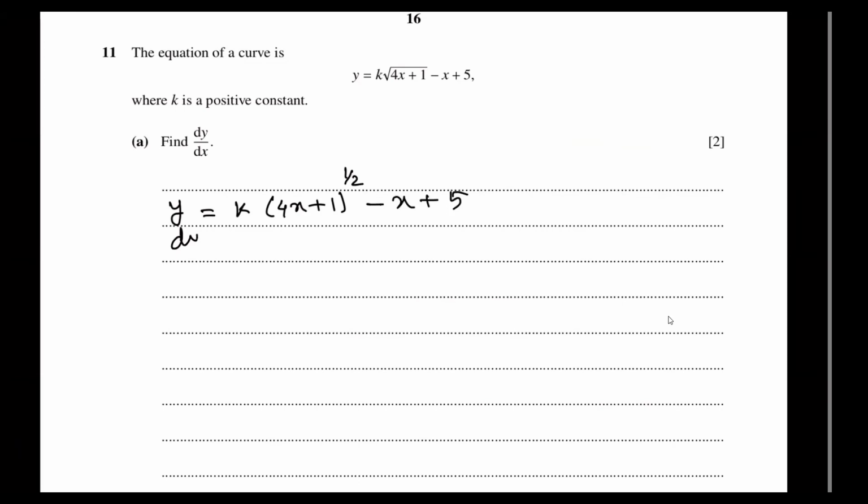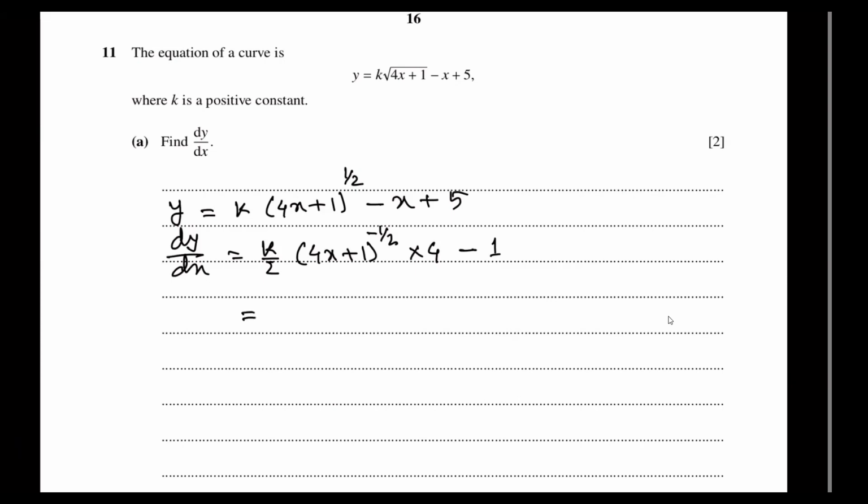So dy by dx is k into half, that's k by 2, (4x plus 1) to the power half minus 1, that's minus half, into 4, the coefficient of x, minus the differentiation of x, which is 1, plus the differentiation of 5, which is 0.